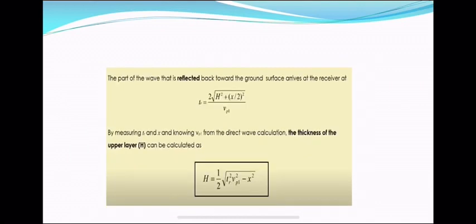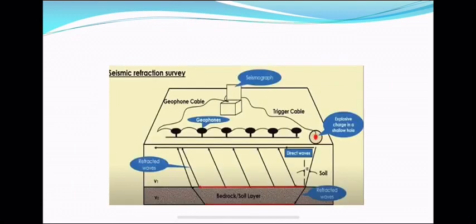This is the part of the wave that is reflected back towards the ground surface and arrives at the receiver. By measuring Tr and X, and knowing Vp1 from the direct wave calculation, the thickness of the upper layer can be calculated. So next, we will go for the seismic refraction survey.